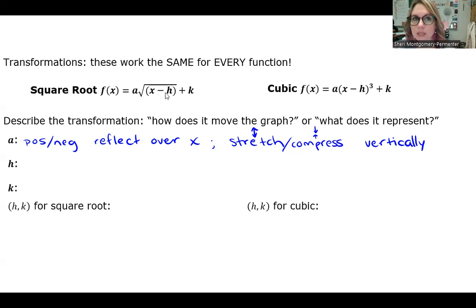What happens with anything in the X grouping? How does that move you? Left or right in an opposite direction. So left or right, but opposite.